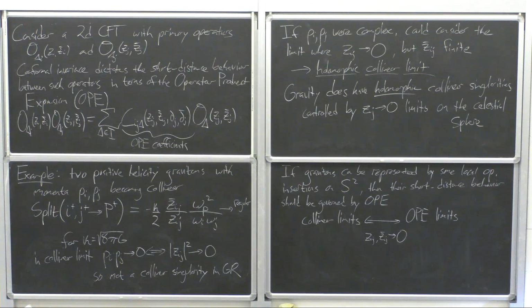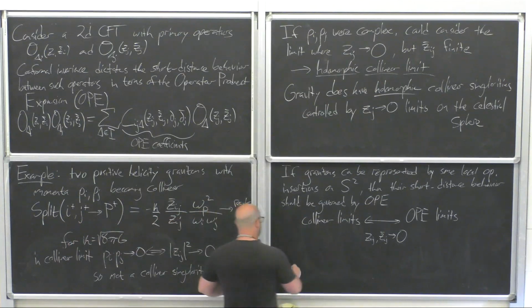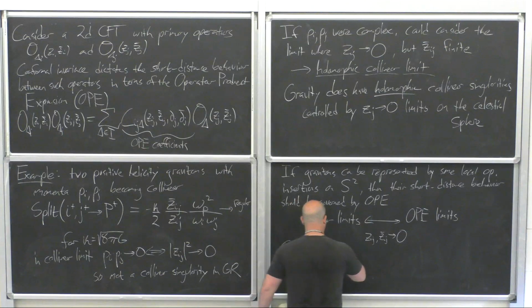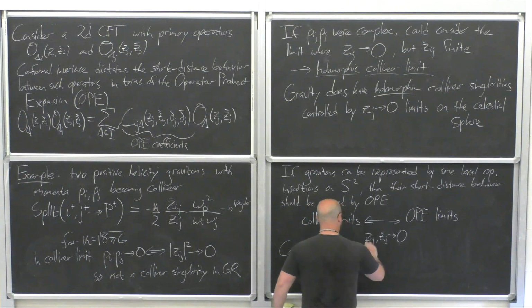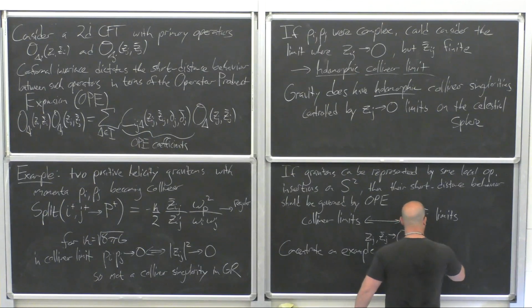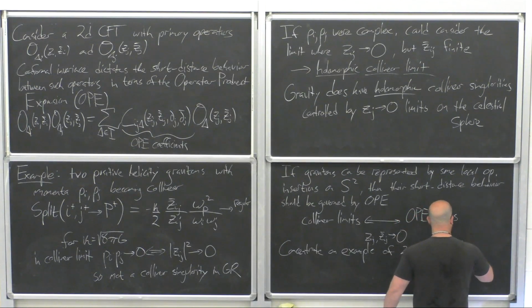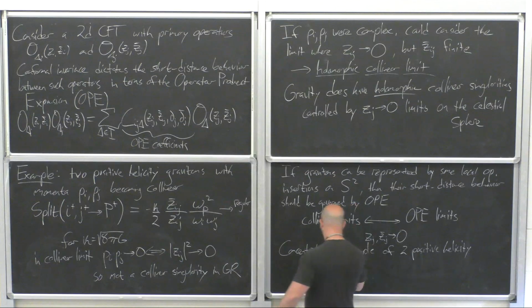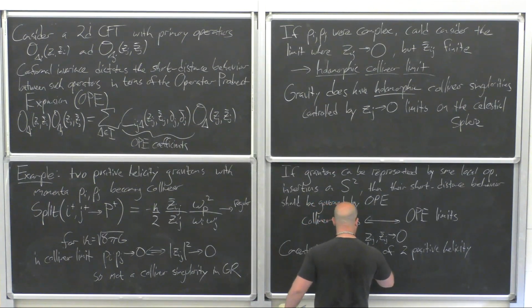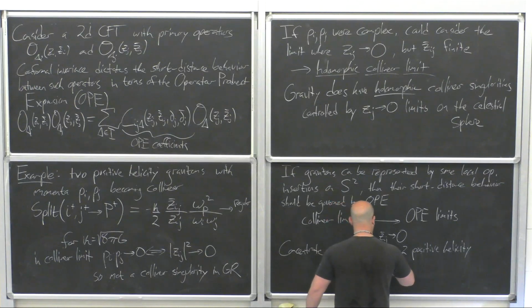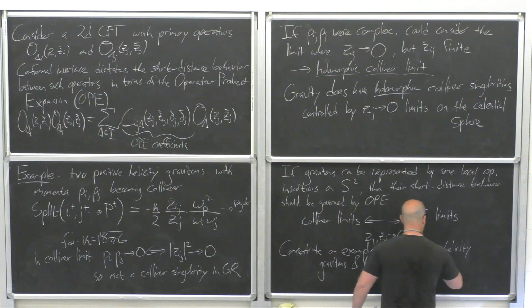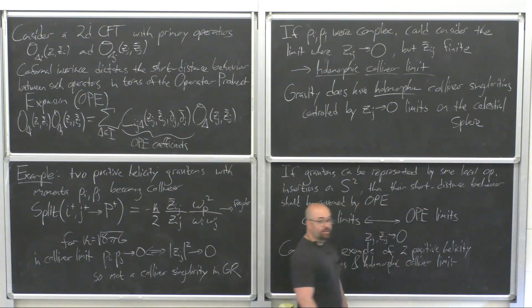Okay? So we're going to concentrate on the example of two positive helicity gravitons and the holomorphic collinear limit that we've just defined.